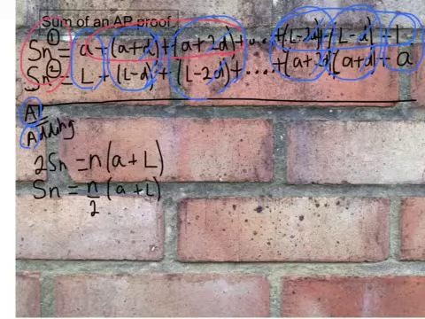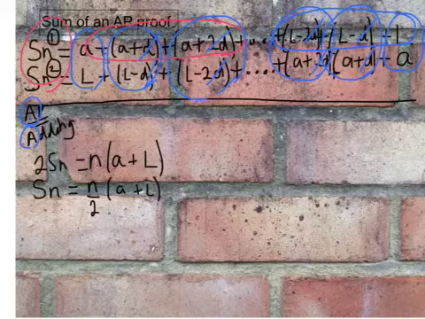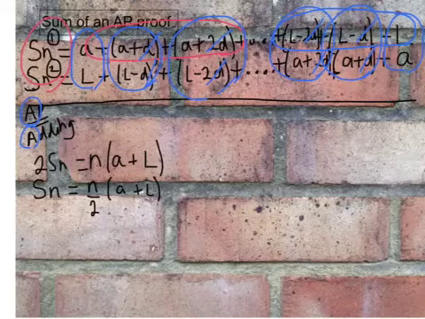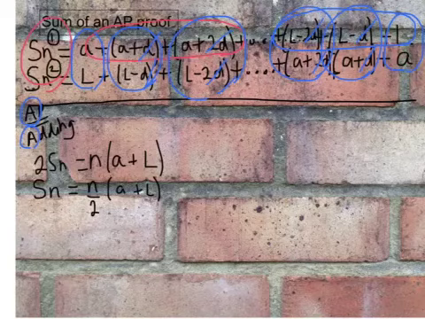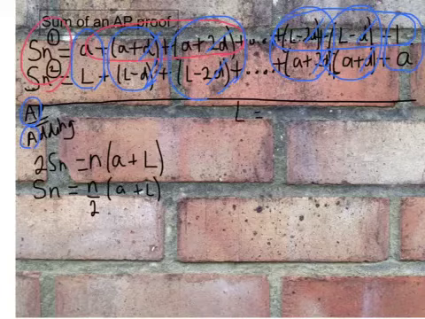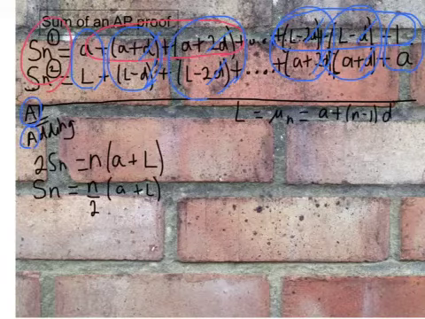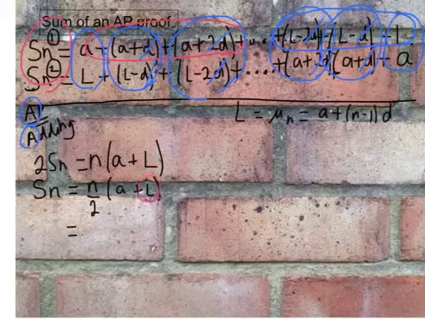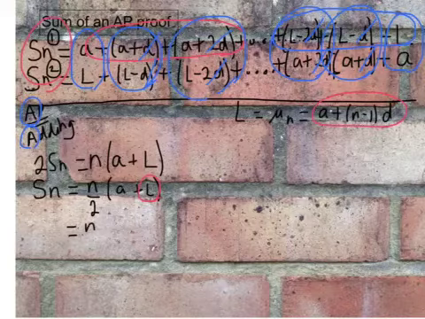When we looked at the last term here, the one on the end, what we found was that the last term is also known as u_n, and u_n is a plus n minus 1 d. So I'm going to replace this last term with a plus n minus 1 d.